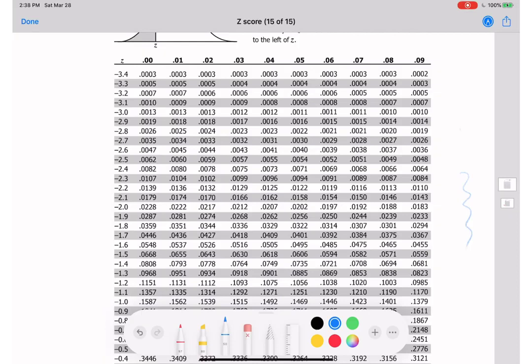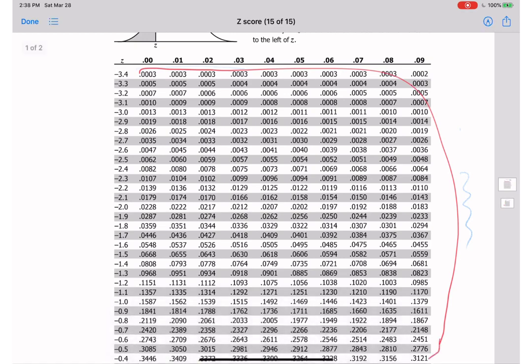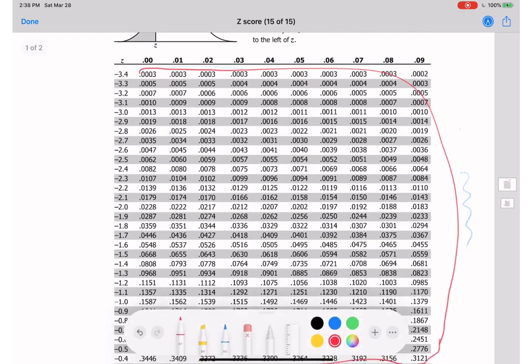Today we are going to learn how, based on a given probability, because all these numbers in the body of the table, all these numbers are given in the body, these ones from here, eliminate the z-score.